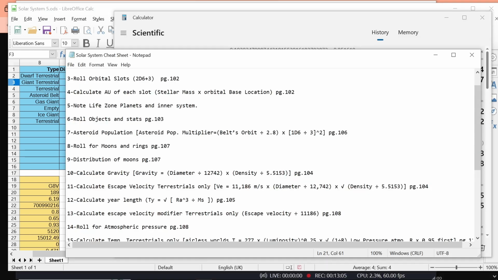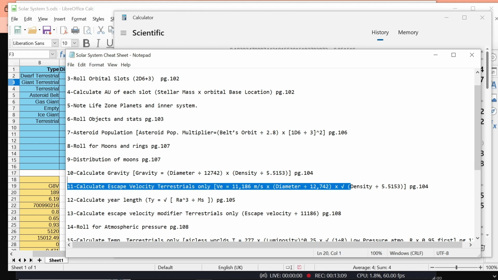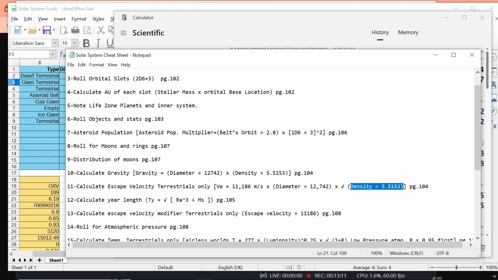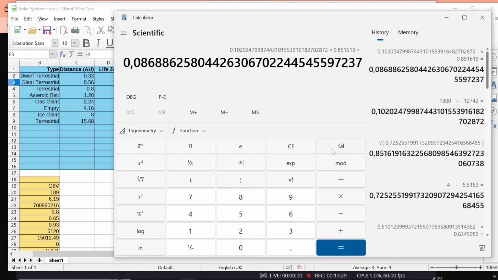What we've done, we've done this. We've done this. We've multiplied those together. We did this including the square root. We did this, we multiplied those two numbers, and now we have to multiply our result by 11,186 meters per second.